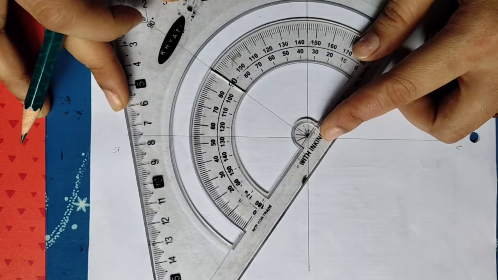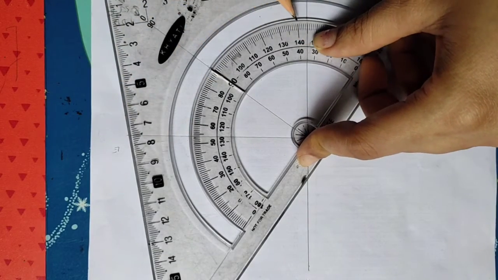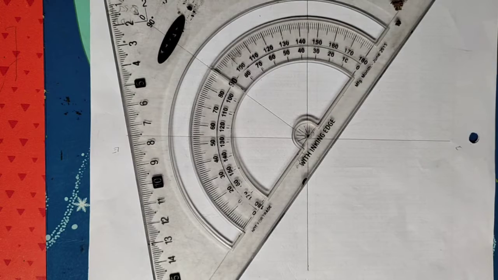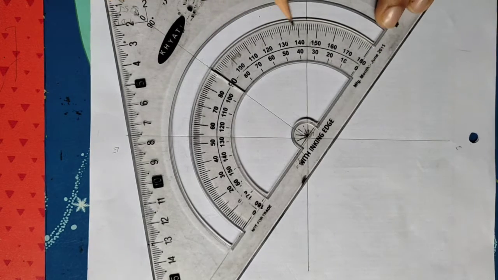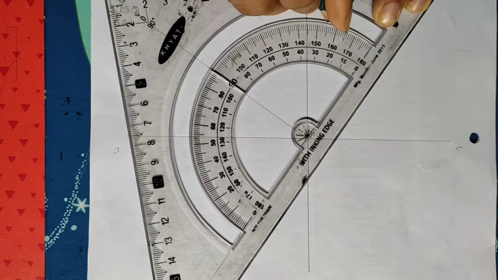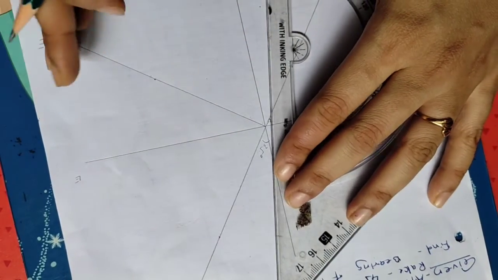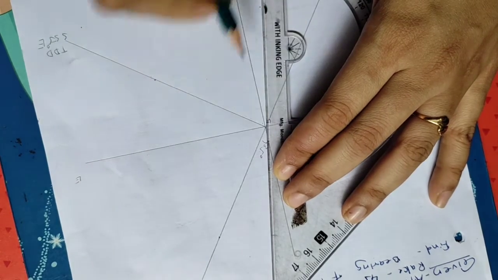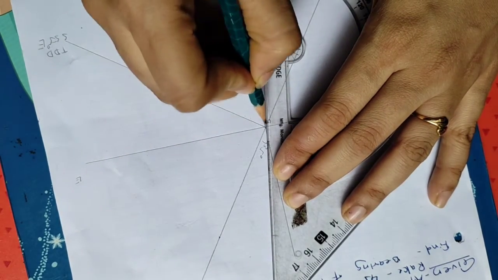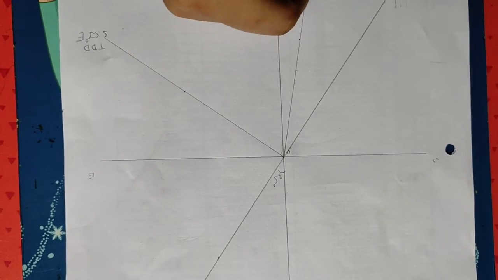From this true dip direction, count 65 degrees, and from there mark this as the bedding plane.